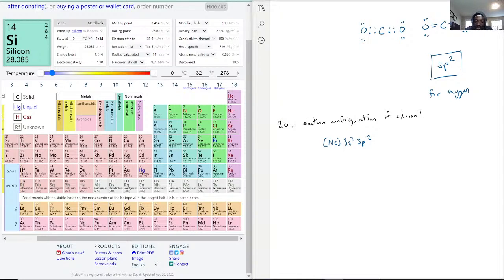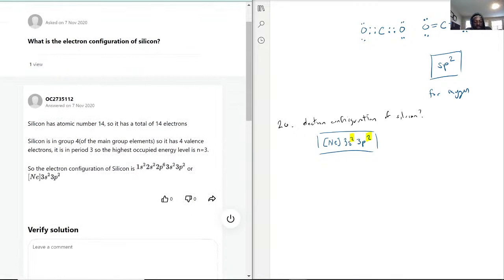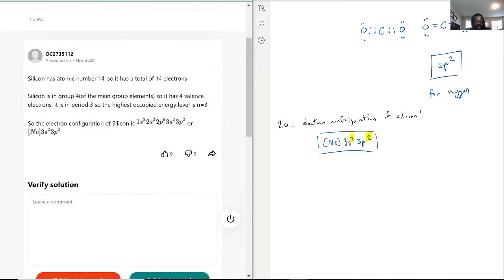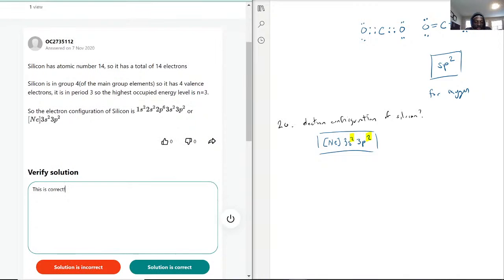Just like carbon, silicon will most likely have 4 valence electrons, but this right here is a shorthand electron configuration for silicon. Yep, neon 3s2 3p2. So this is correct. By the end of this, I hope that you all will be experts when it comes to doing the electron configuration.